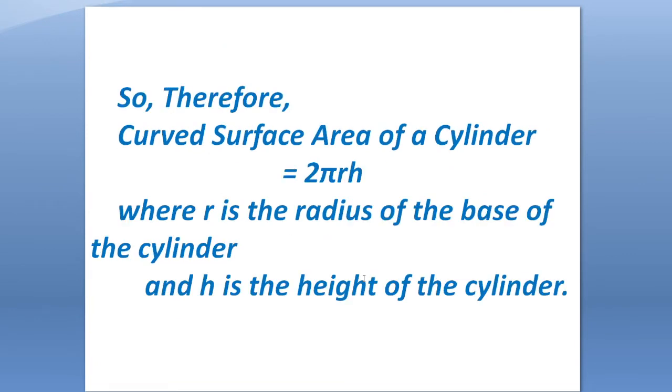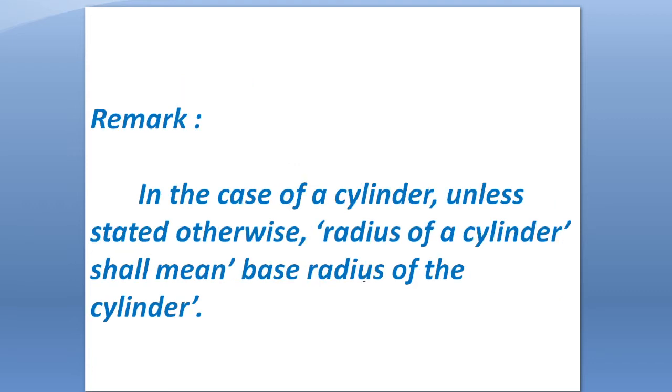Therefore the curved surface area of a cylinder is equal to 2 pi rh, where r is the radius of the base and h is the height of the cylinder. But remark here, in the case of a cylinder, unless stated otherwise, radius of a cylinder shall mean base radius of the cylinder.